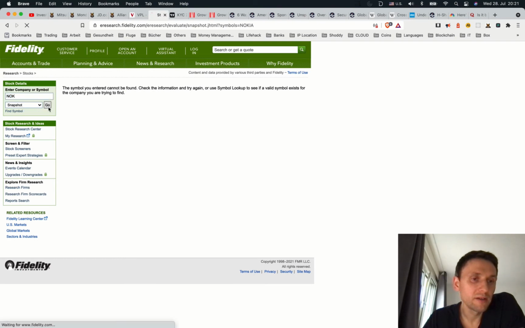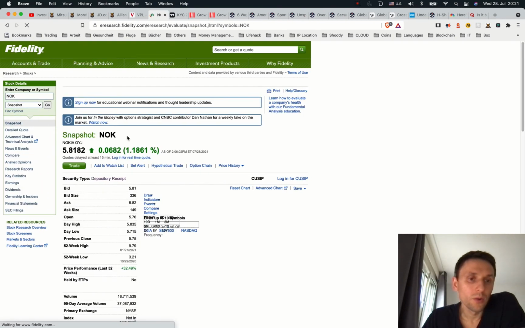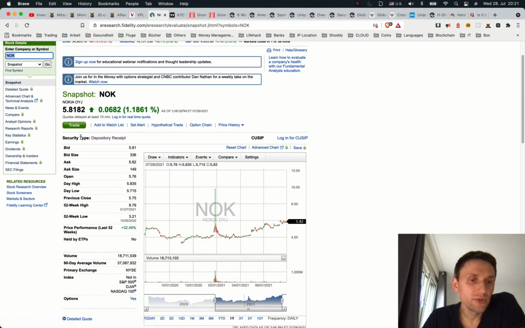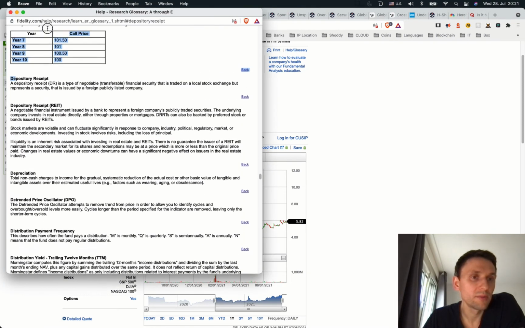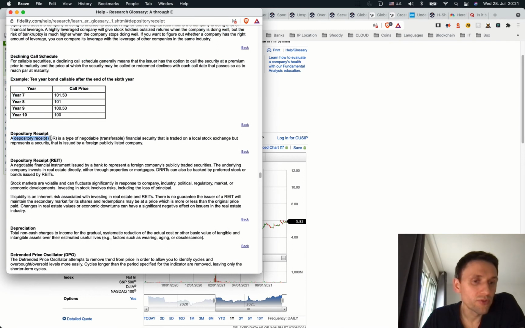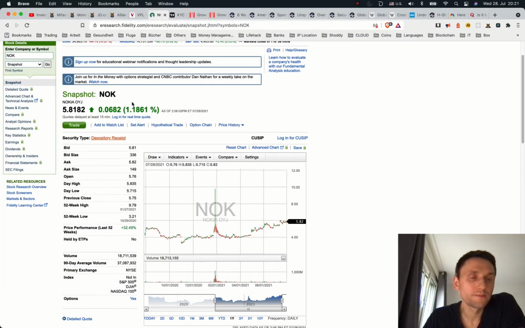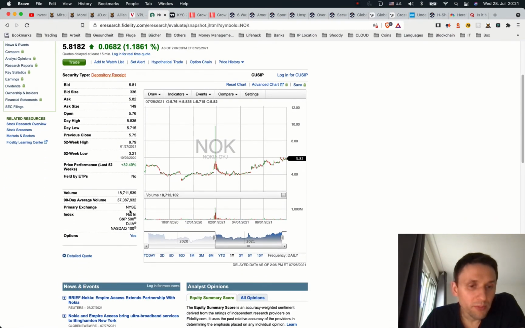So if we click here and go, we see that the security type of this stock is depository receipt. That's ADR. If we click here, we see that a depository receipt is a type of financial security that is traded on a local stock exchange, blah blah. We know it already. So to find proof for that, we see that the primary exchange for this stock is NYSE.